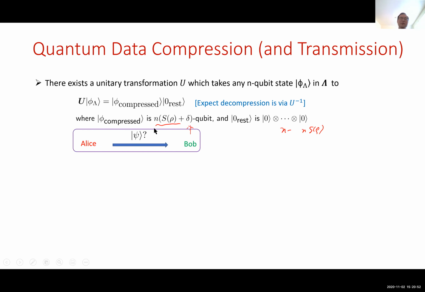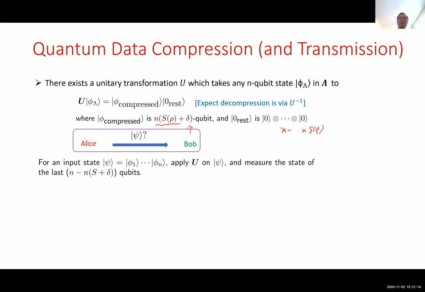This would save some resource compared to sending the state directly. This may involve n qubits, but if I can compress, I can send fewer qubits.